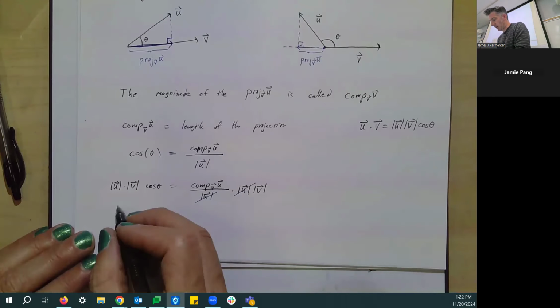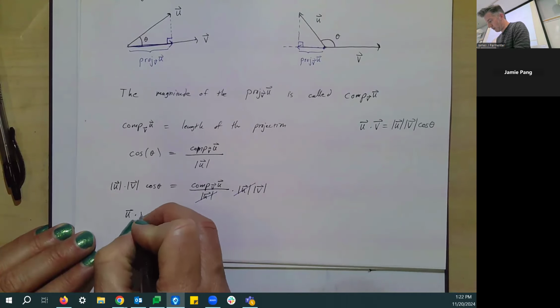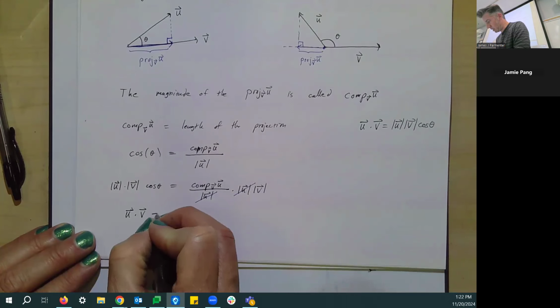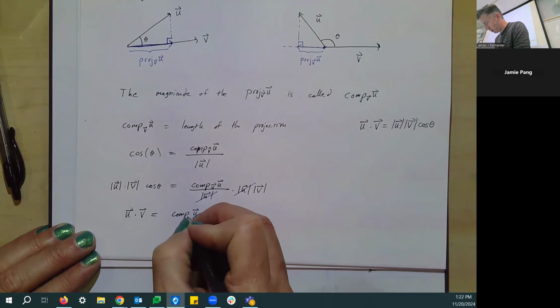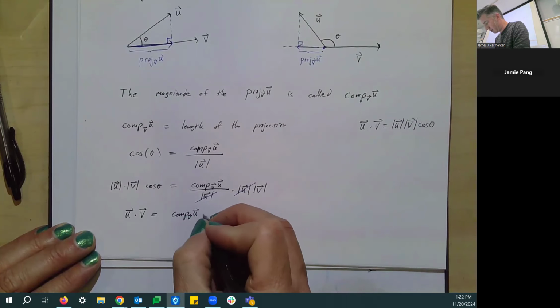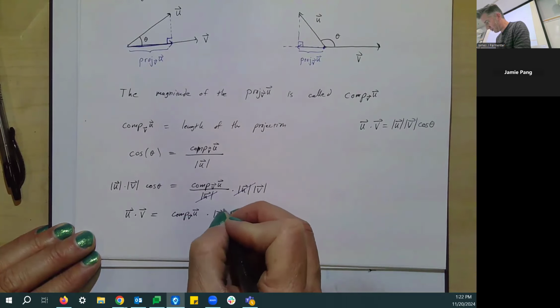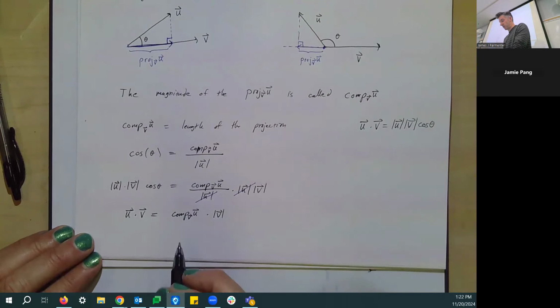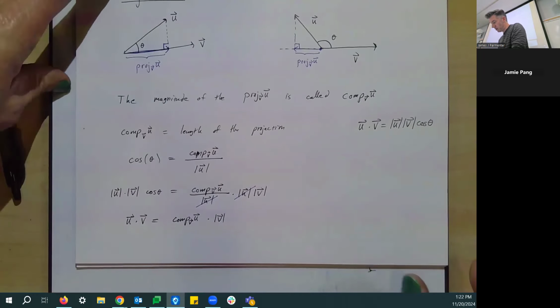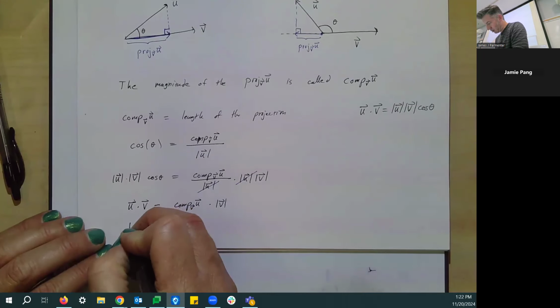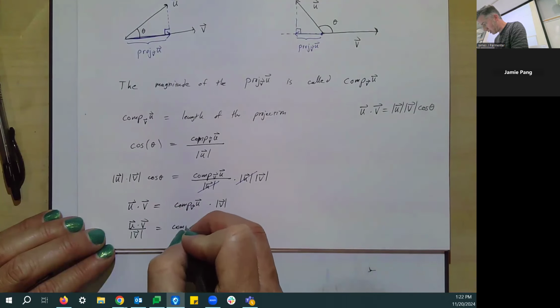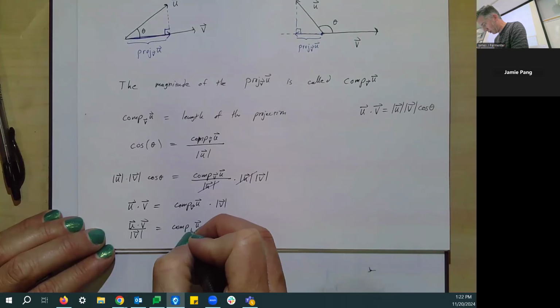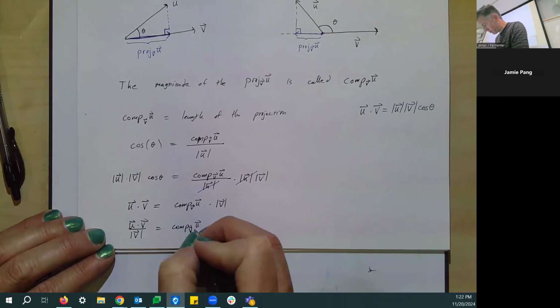So we're going to rewrite this as u dot v is equal to the length of the projection, aka the component, times the magnitude of v. And then to solve for this, we're just going to divide both sides by the magnitude of v. So it's true that u dot v divided by the magnitude of v is equal to the length of the projection, which is the component of u onto v.